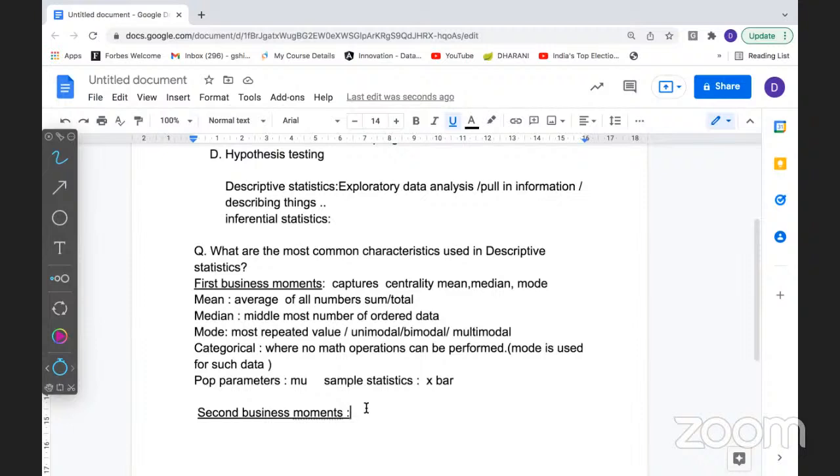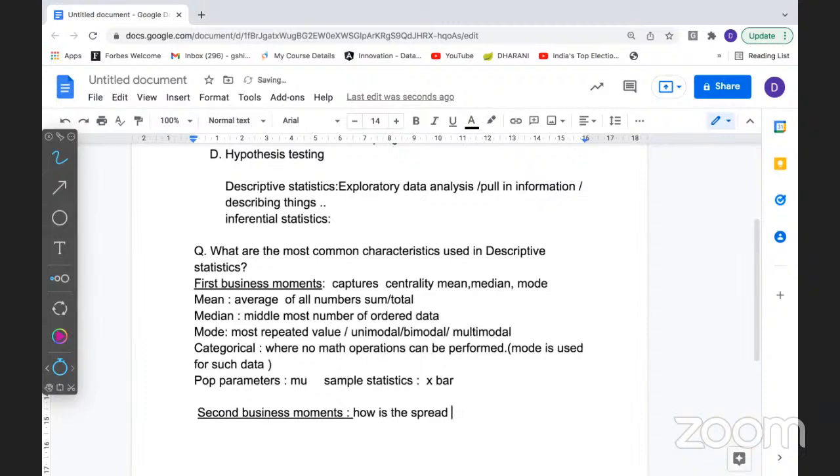It's not only the average here; average alone is not important. How the data is dispersed, how is the spread, how is the dispersion, is captured here in the second business moment decision.